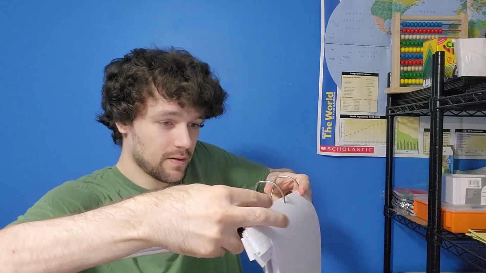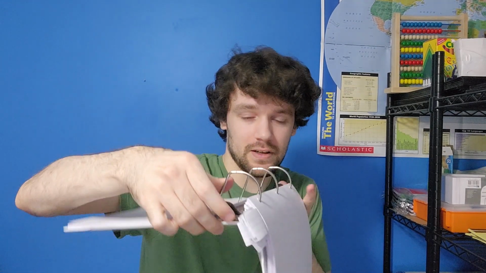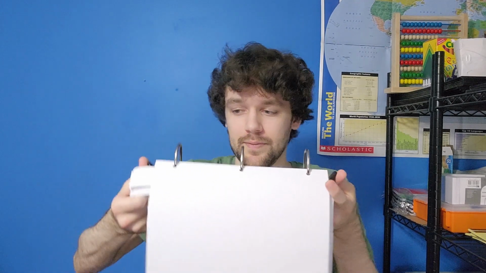I don't know if I've ever done this. And then close it, and then make sure both ends are pushed in. There we go. Trying to figure out how to hold this again. It's just getting a little too heavy to do it like this.